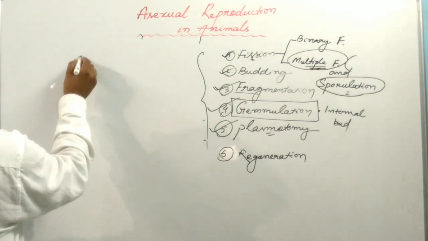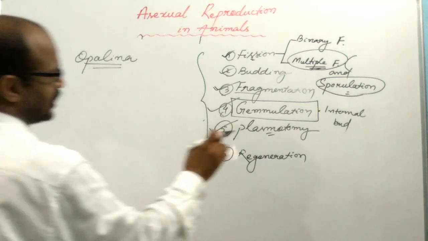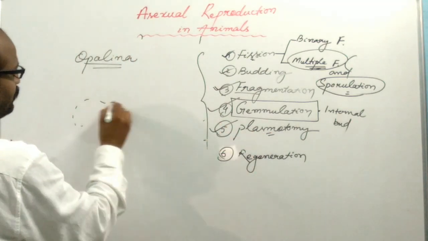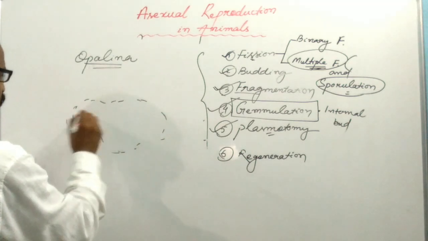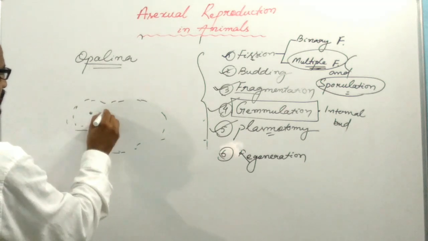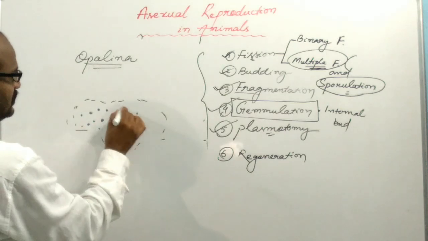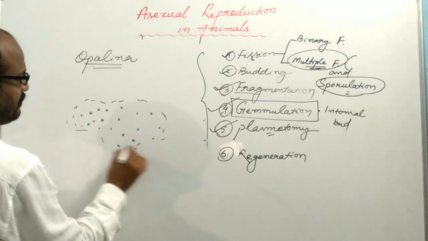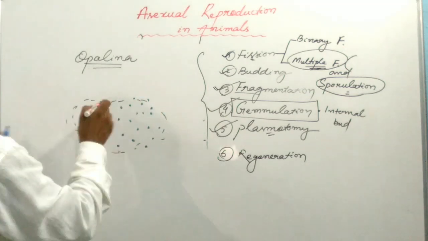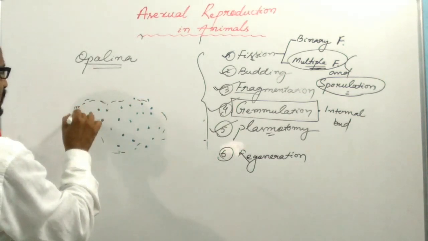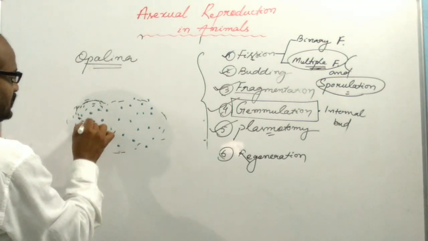In case of Opalina, there is independent division of cytoplasm. In Opalina, there are a number of nuclei. So first, the independent division of cytoplasm takes place. Suppose that there is the division of cytoplasm.